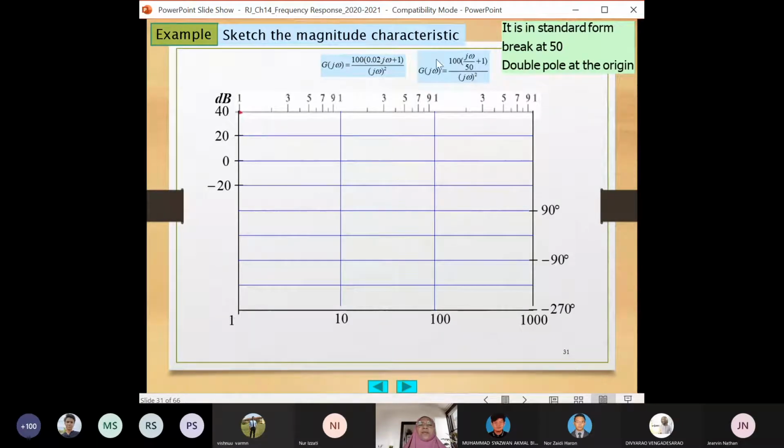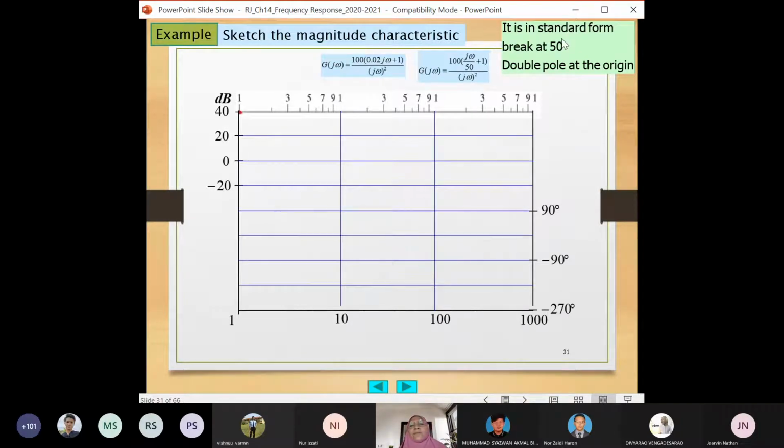So in other words, if you replace it with s, you have 100 s over 50 plus 1, divided by s squared. The s squared at the bottom gives you the poles, and the poles are at the origin. Origin means at 0, and double poles. But the zero is at 50.